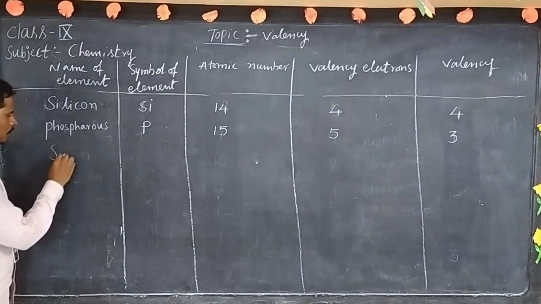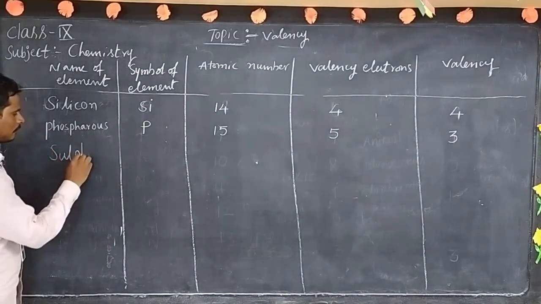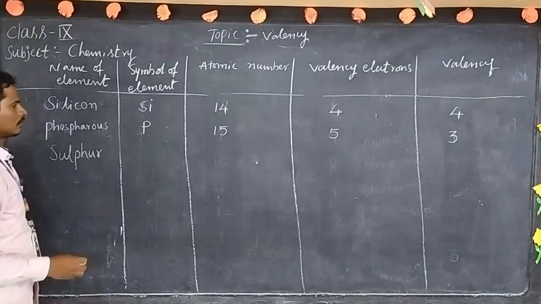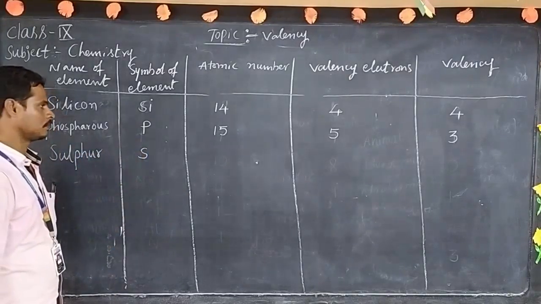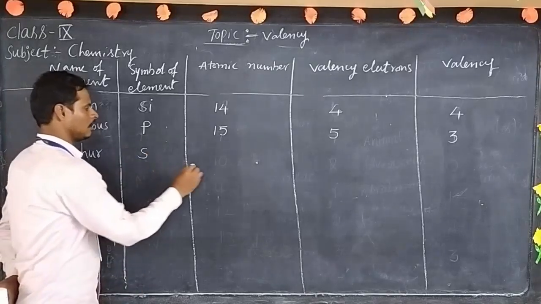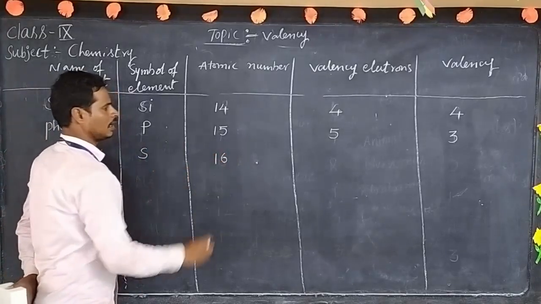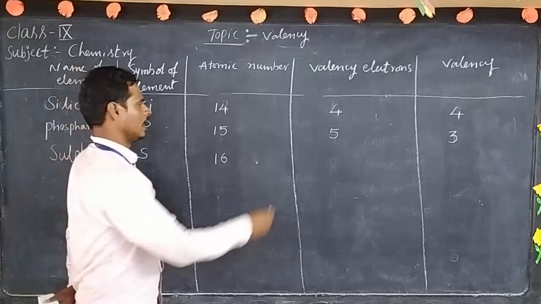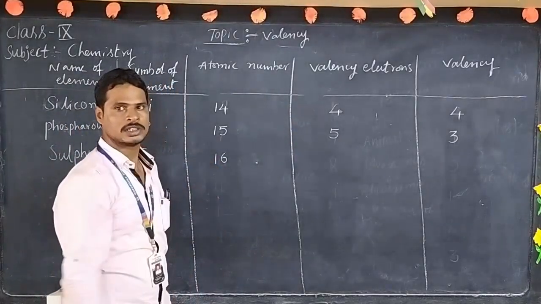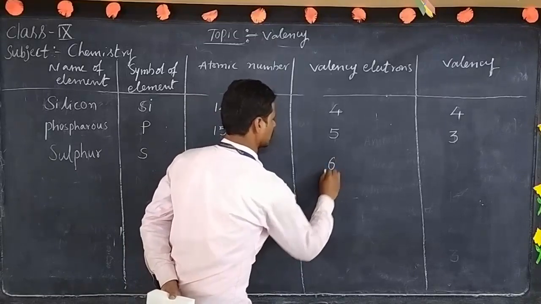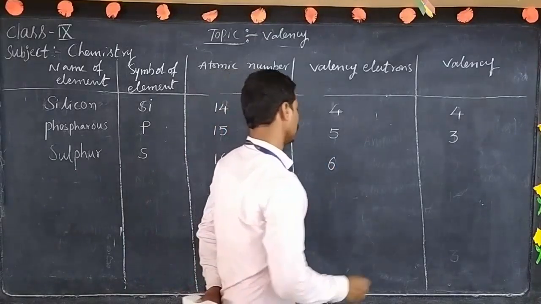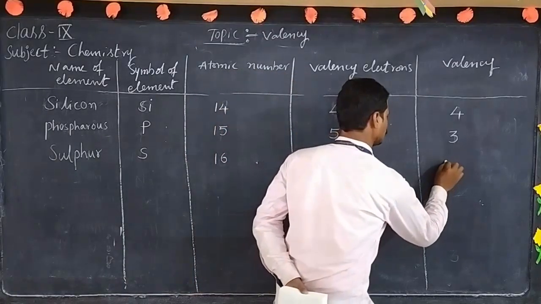Next, sulfur. Symbol of sulfur S. Atomic number of sulfur 16. Number of valence electrons present in sulfur 6. Valency 2.